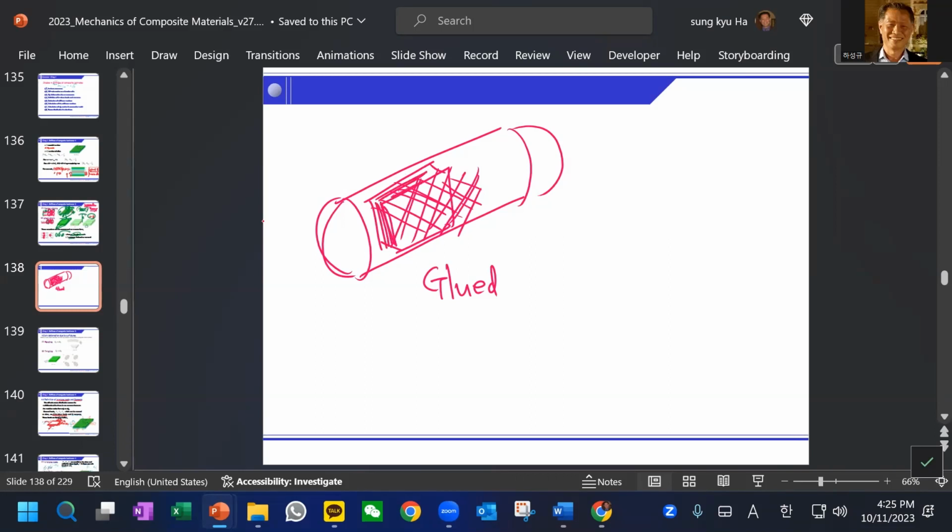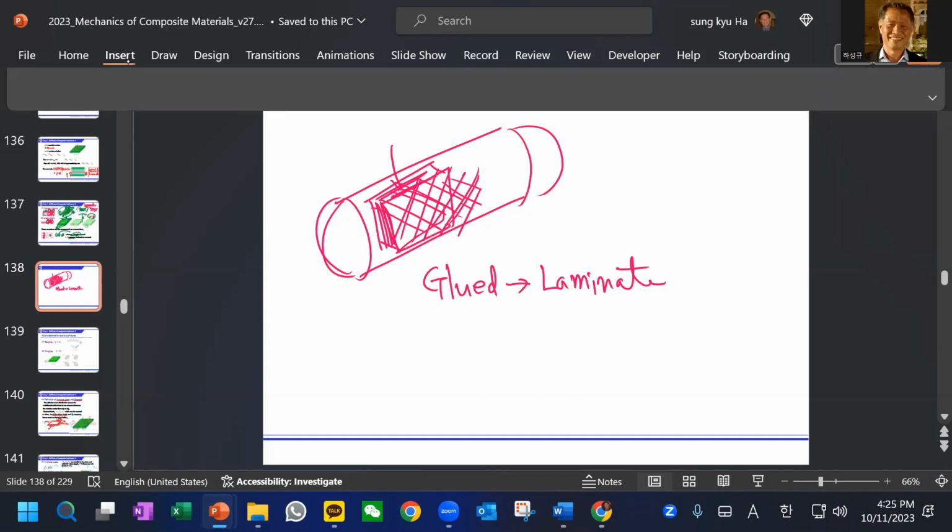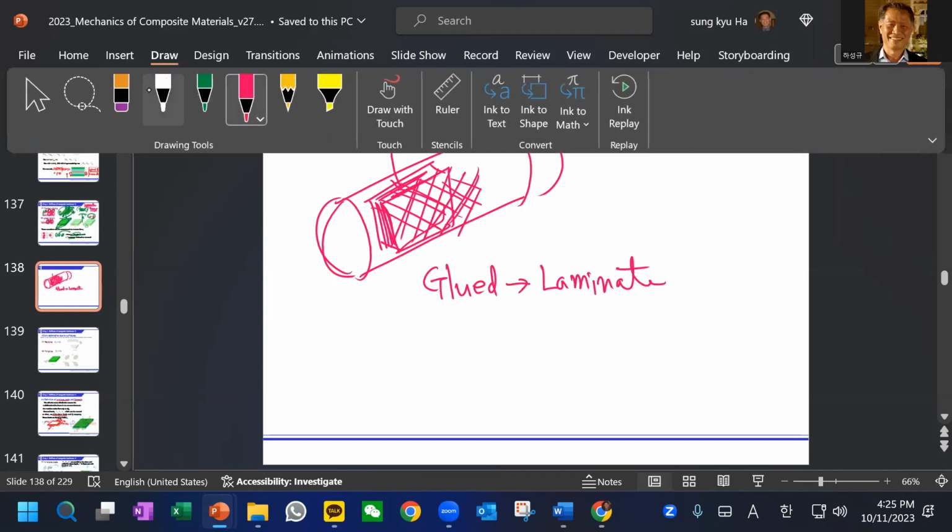And each ply, we already know this is the first ply and second ply and so on. They are glued together, and this can be a laminate. Now, what we would like to do is understand how much it deforms.